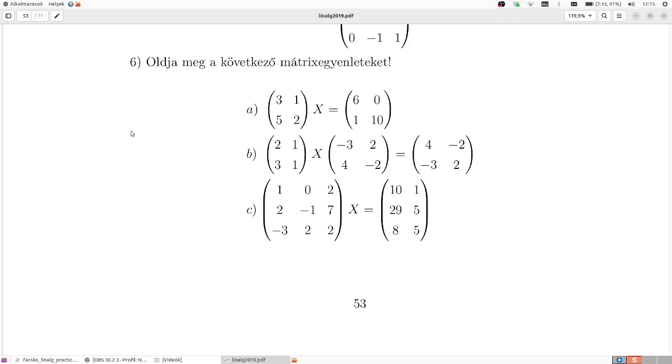So first, let's start with the inversion of A. Okay. Yesterday, I made a lucky mistake. I started the inversion of this matrix for the same task for A, and I didn't calculate the determinant. First, you should calculate the determinant.